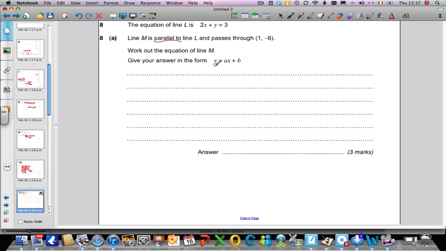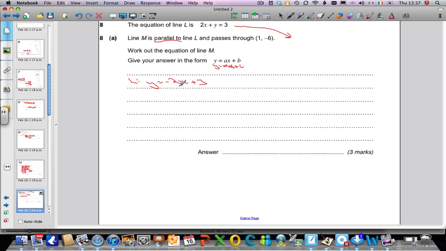Or you might be more familiar with y equals mx plus c, where m is the gradient. So taking this, we'll do it over here. Line L is actually y equals minus 2x plus 3. So that's the equation of line L.